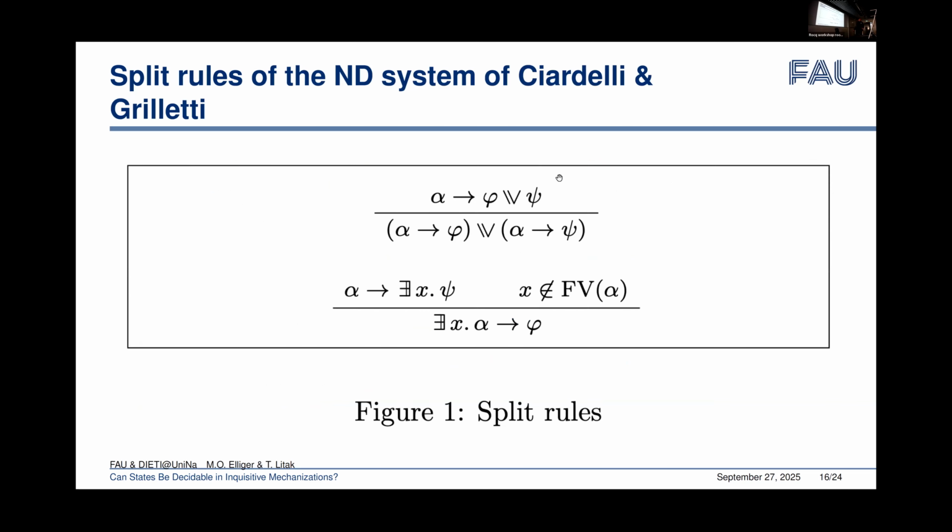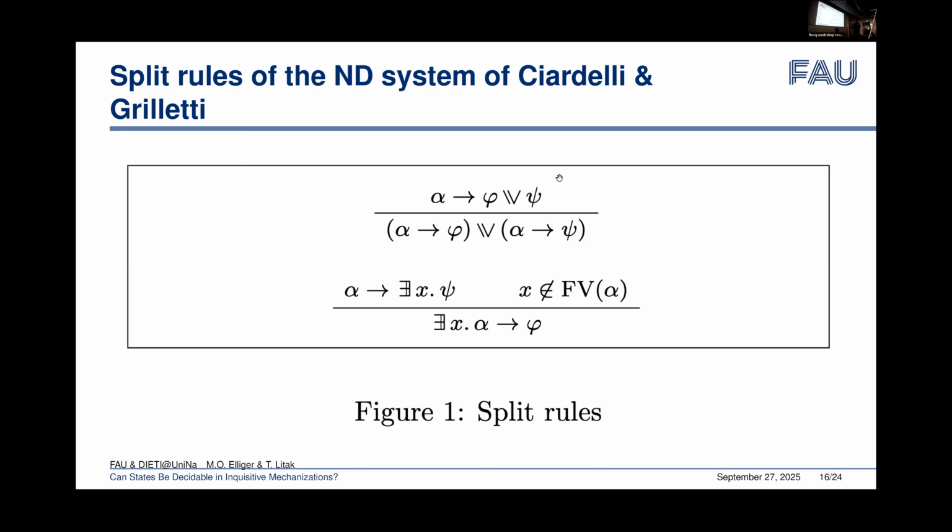But there is also something else from our point of view. This is stuff that I went into a bit deeper in the tableau presentation, but here is the little technical issue that I want to discuss. The formalization contains a natural deduction system with those specific rules governing the behavior of inquisitive disjunction and inquisitive existential quantification, the so-called split rules, which by themselves look natural and innocent enough.